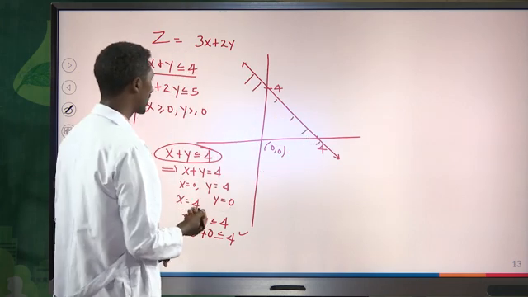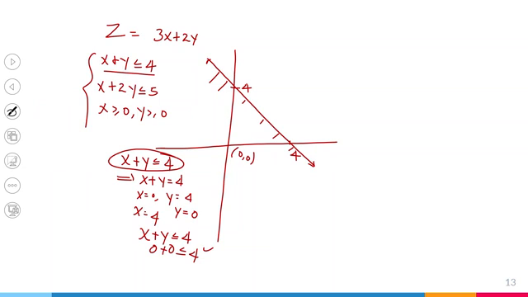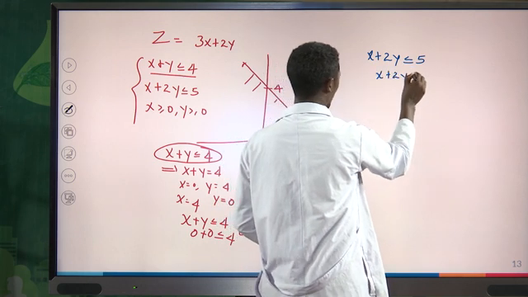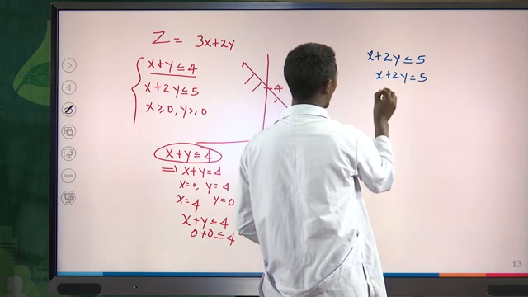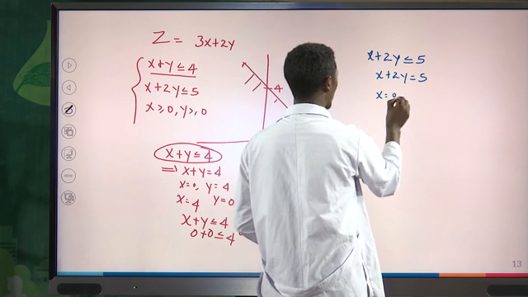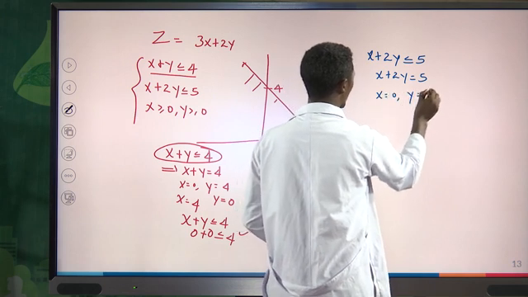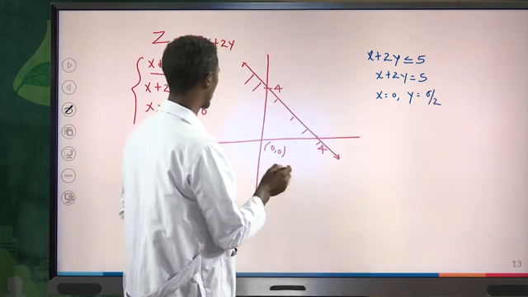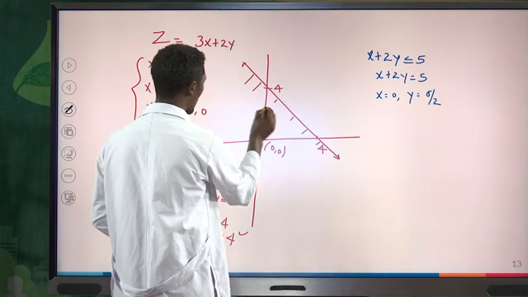And similarly, we'll draw the graph of x plus 2y less than or equal to 5. So let's draw similarly. We'll consider x plus 2y equals 5, which is a linear equation. At x equals 0, y equals 5 over 2, 2.5.